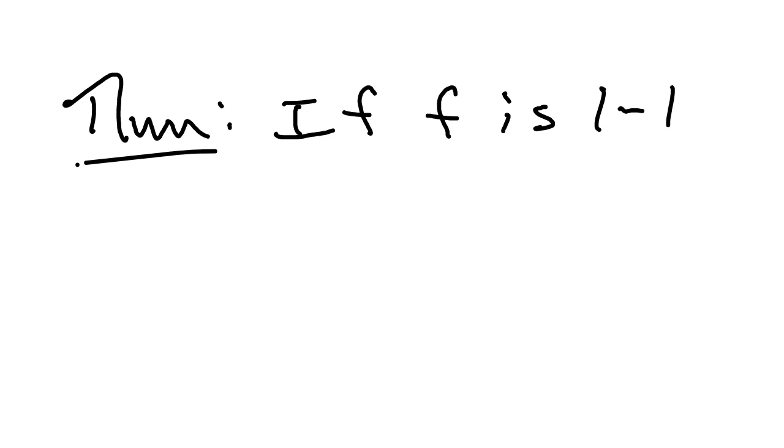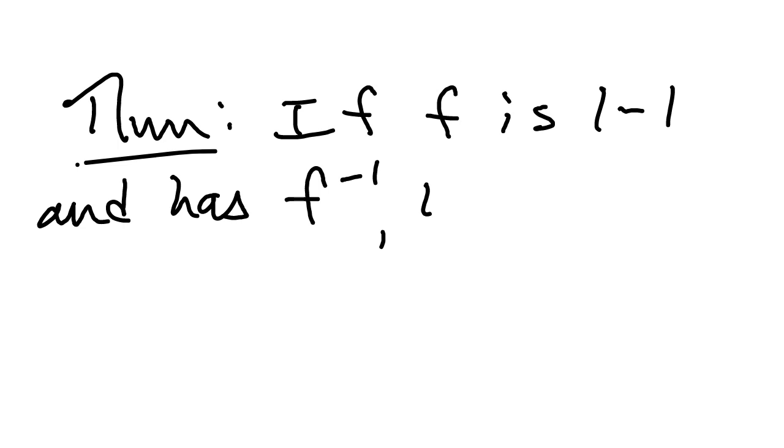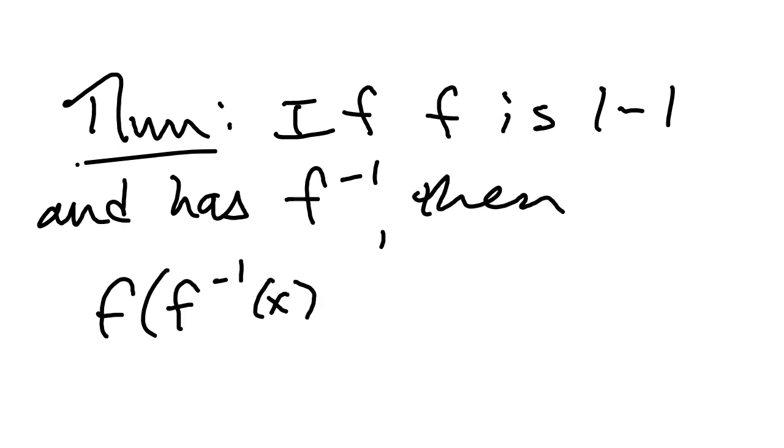Anyway, the theorem is this: if f is 1-to-1, we know it has an inverse, and has f inverse as its inverse function, then f composed with f inverse of x is going to equal x for all x's in the domain of f.